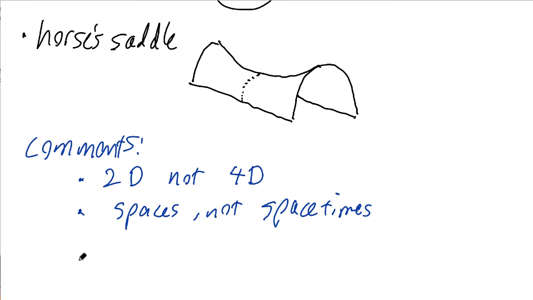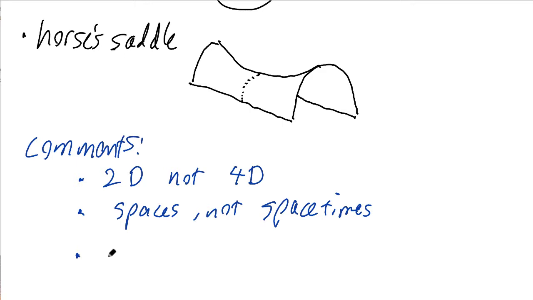And the third comment is that notice in each of these examples, the spaces have been depicted as surfaces. In other words, they're two-dimensional subspaces of a higher dimensional, three-dimensional space, which actually we assume in these pictures is Euclidean.